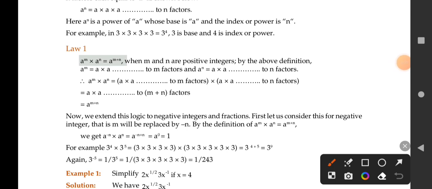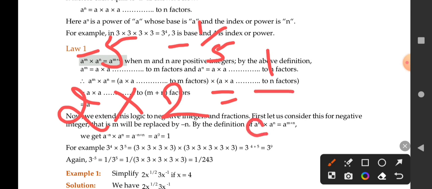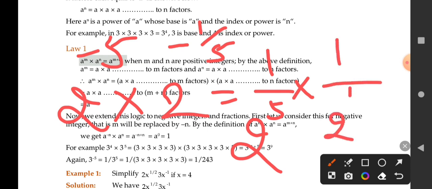Next example. Let's take some numbers. 2 power minus 5 into 2 power minus 1 by 5. Let us first simplify whatever we know. It is 1 divided by 2 power 5 into 1 divided by 2 power 1 by 5.